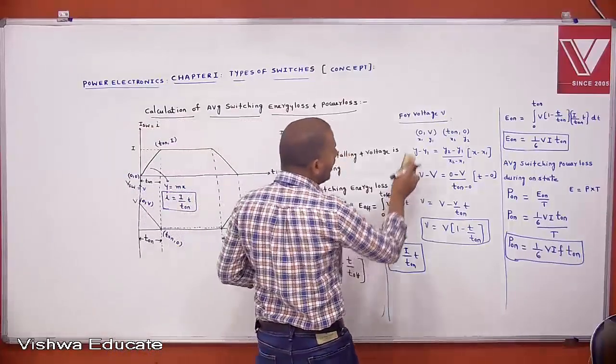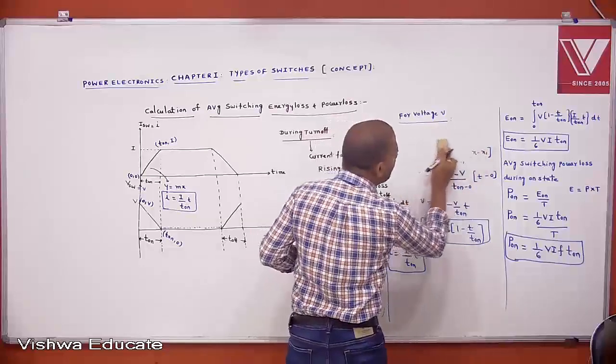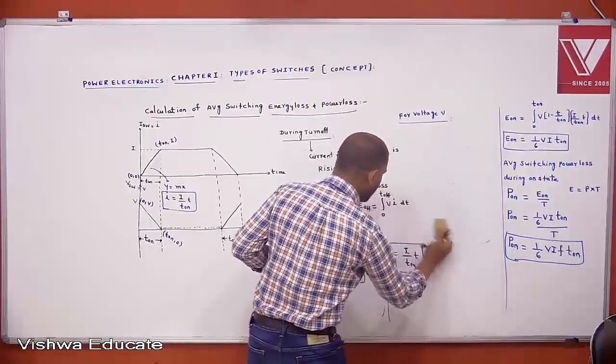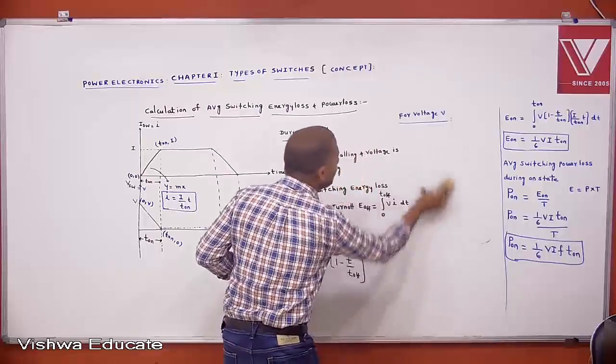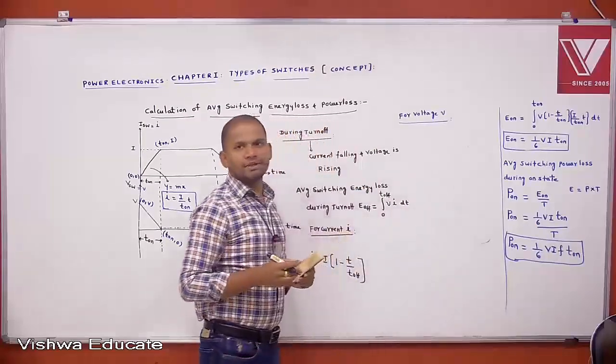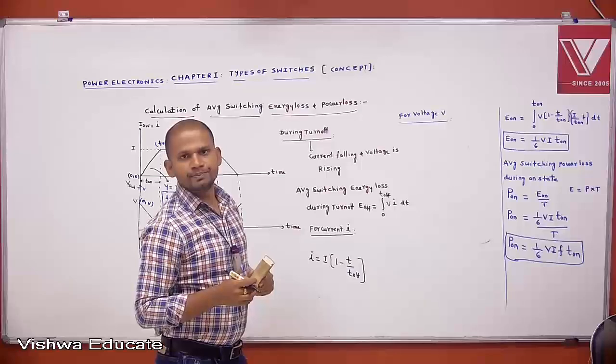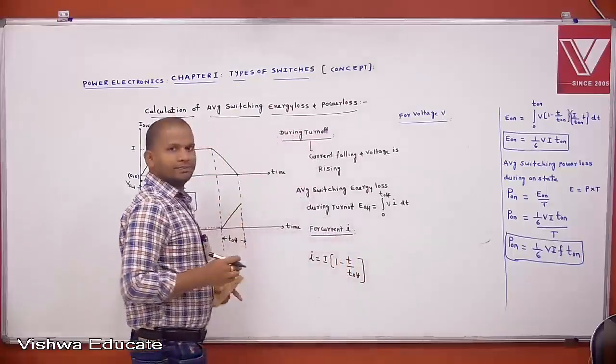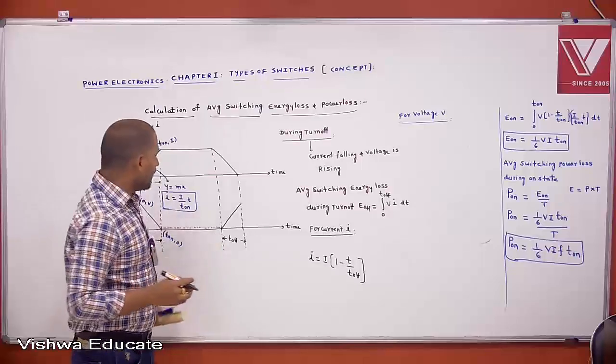Then no need of all this derivation. For voltage V, how to write the expression? You tell me. It is rising slope, right? Rising slope.